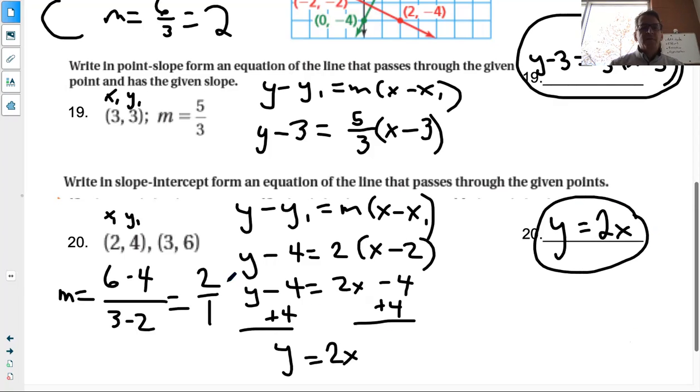So again, if you have this question on the final test, you're first going to start by obtaining the slope, then using point slope form to get the equation started and convert it to slope intercept.